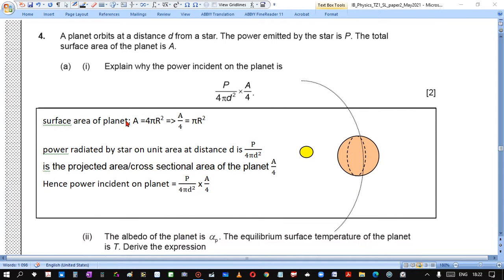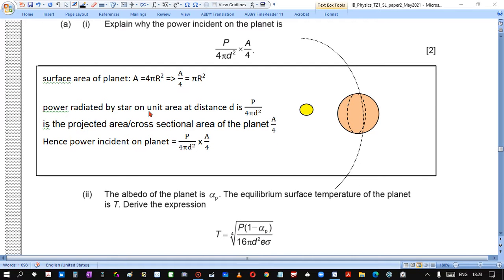Question 4. A planet orbits at a distance d from a star. The power emitted by the star is P. The total surface area of the planet is A. Explain why the power incident on the planet is as given. The surface area of the planet is A. A over 4 is pi R squared. So we'll keep it.